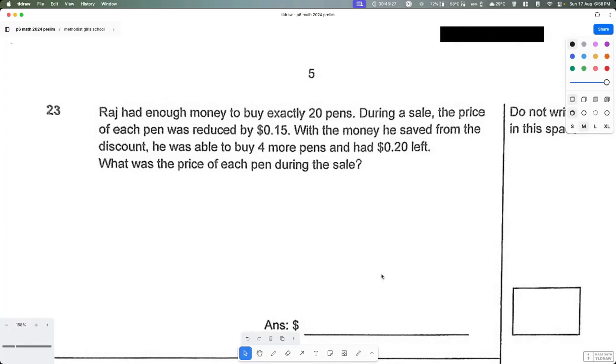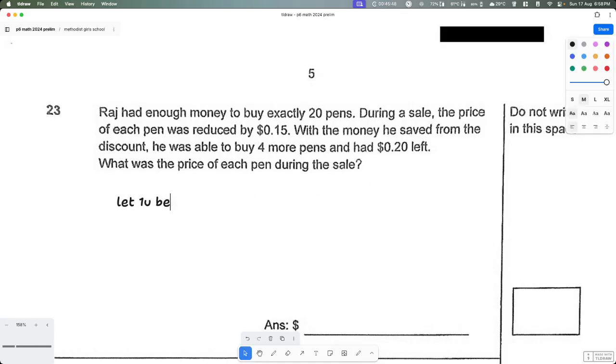Question 23. Raj had enough money to buy exactly 20 pens. During a sale, the price of each pen was reduced by $0.15. With the money he saved from the discount, he was able to buy 4 more pens and had 20 cents left. What was the price of each pen? Okay, so we can use this.